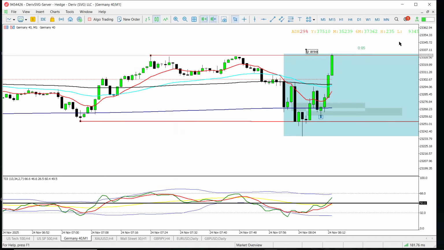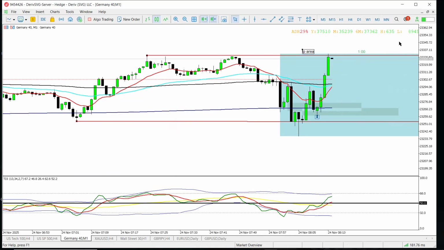We are actually looking for a bias and looking for patterns, confirmations, and we are executing the trade. So let's see if we're going to get the break and the retest so that we can get to the 100 points.